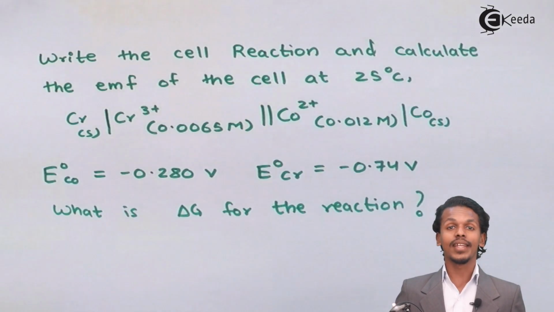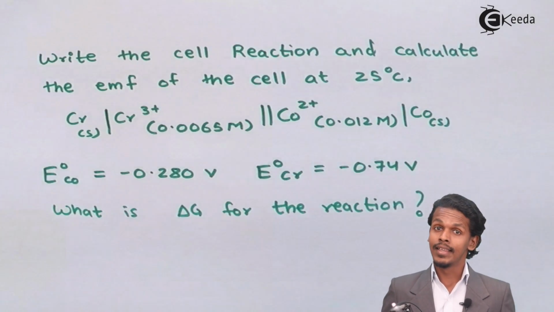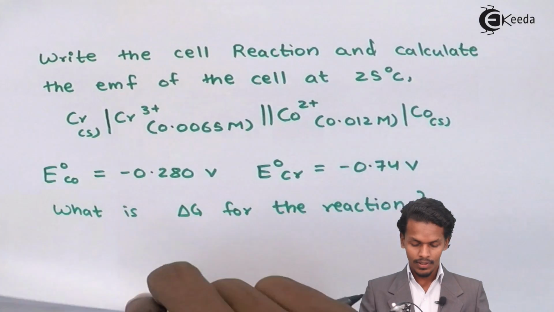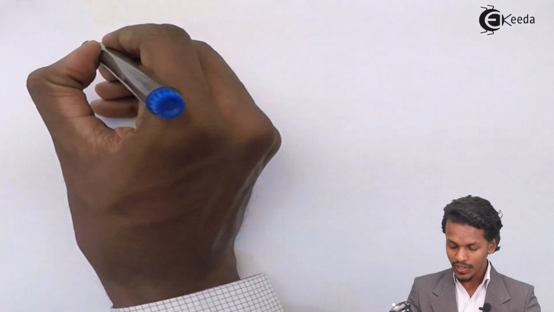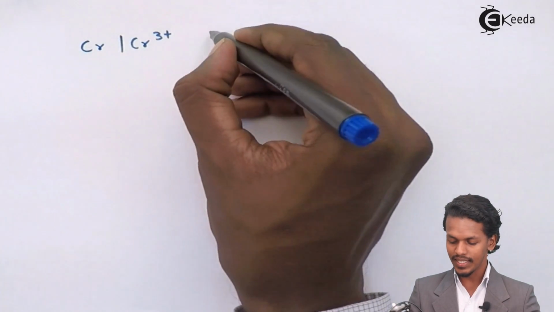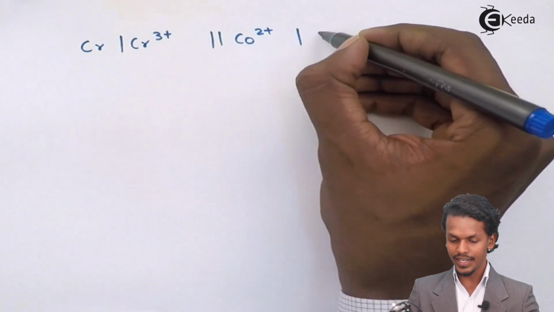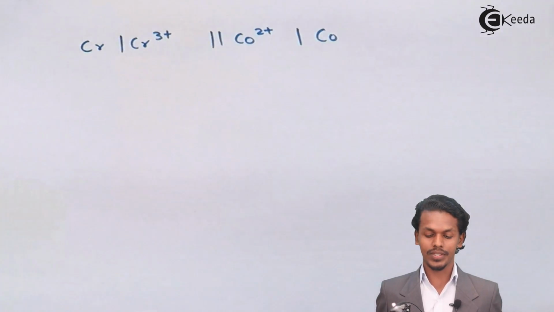So let us first calculate which one is the anode and which one is the cathode. The given cell is chromium, which has been converted into Cr3 plus, in which Co2 plus is being converted into Co. So this is the cell formula that they have given to us.